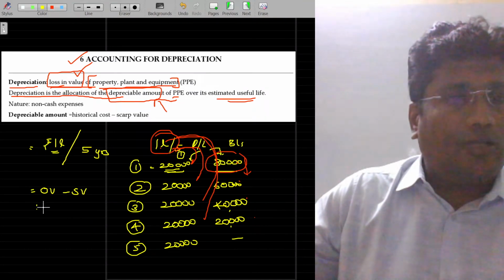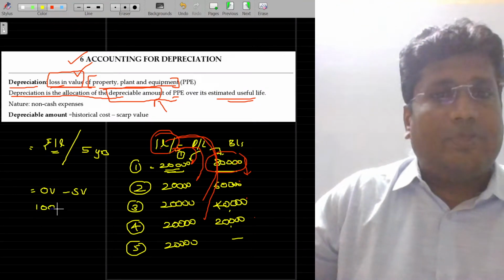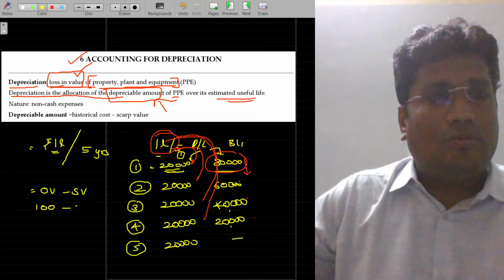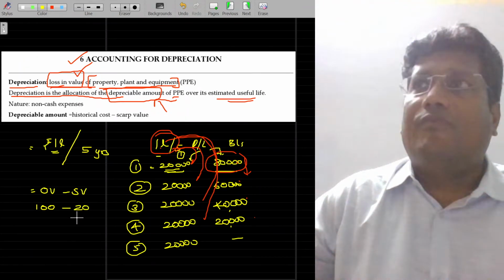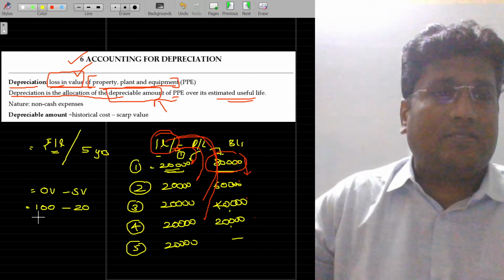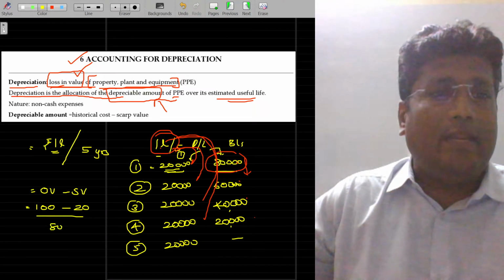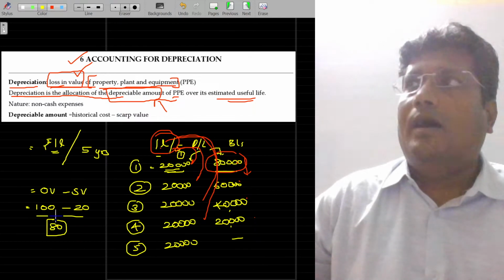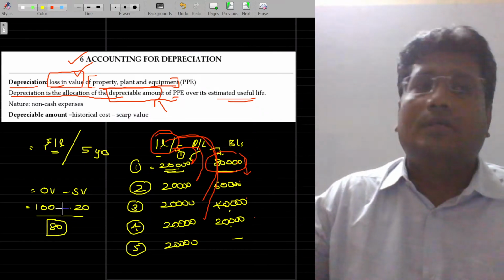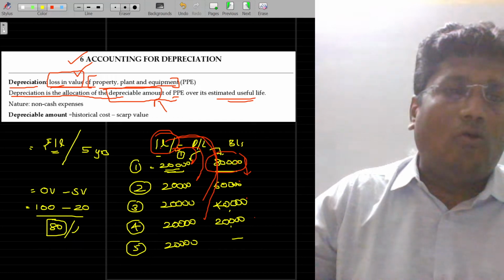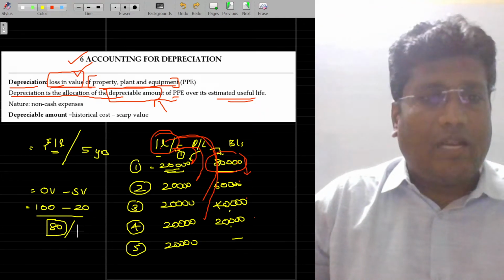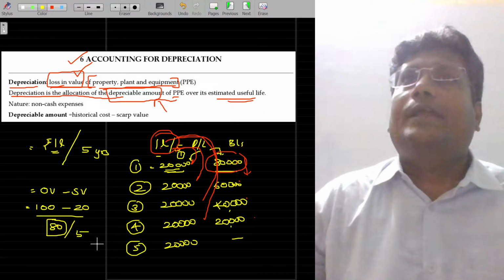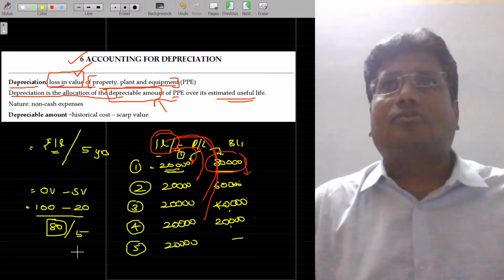In this case, assume that 100,000 rupees is the value of the asset. We assume that by the end of the 5th year, it will fetch you 20,000 rupees. It means the difference between these two, 80, is nothing but the loss in 4 years. This loss will be spread over the life of the asset. If the life of the asset is 5 years, each and every year you are going to debit 16,000 to the P&L account.